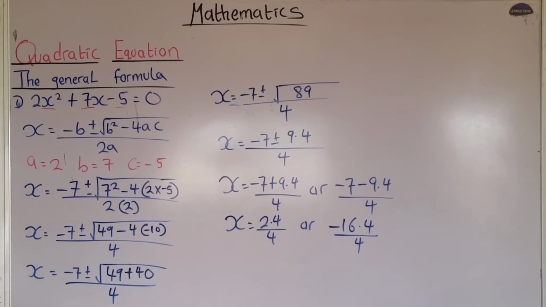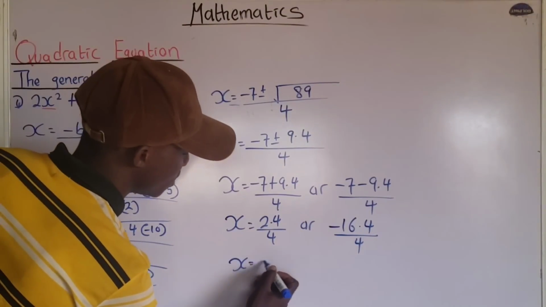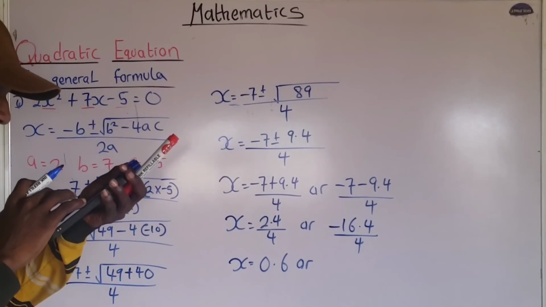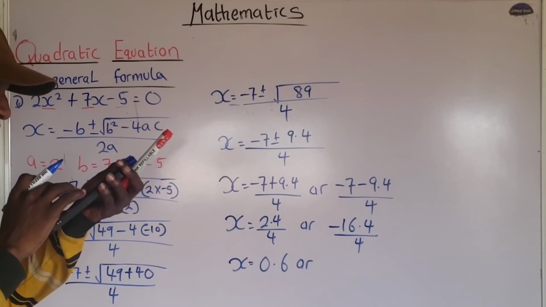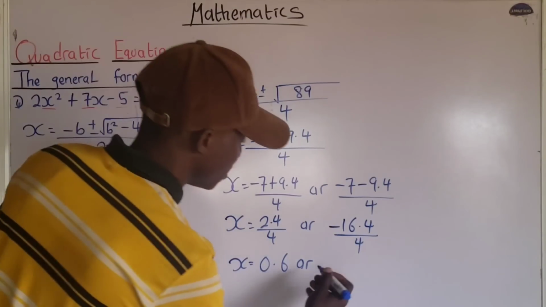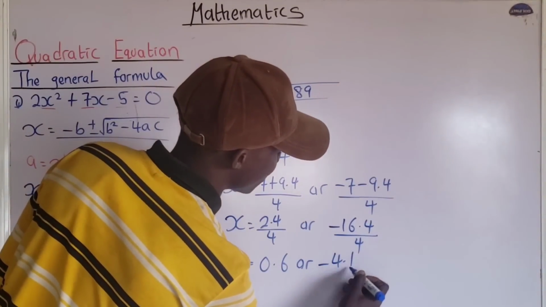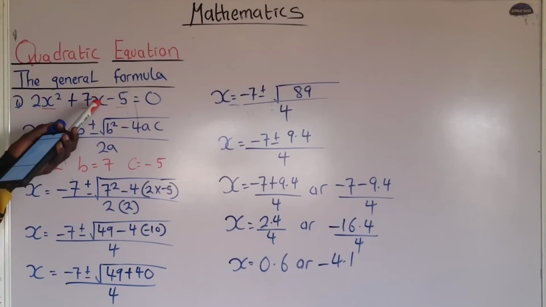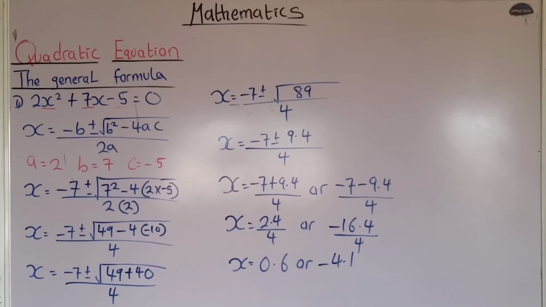That is 0.6. So x is equal to 0.6, or minus 16.4 divided by 4. That is negative 4.1. These are the values of x that make the quadratic equation 2x squared plus 7x minus 5 equal to 0. Do you understand? Okay, let's have another worked example.